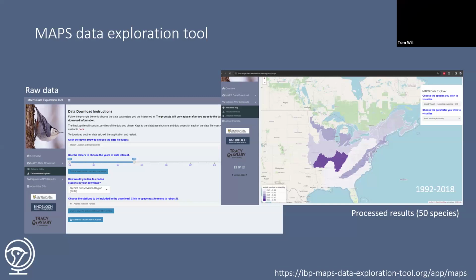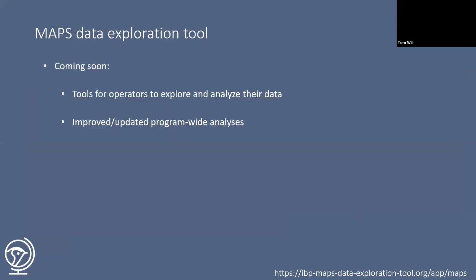Now you can do that all on your own. As I said, this is through 2018, it will soon be through 2020. You can download whatever MAPS data you want and use it for whatever. And that includes all the individual information with molt and fat and wing lengths. Basically all the banded data you collected is in there. So hopefully people will take advantage of that.